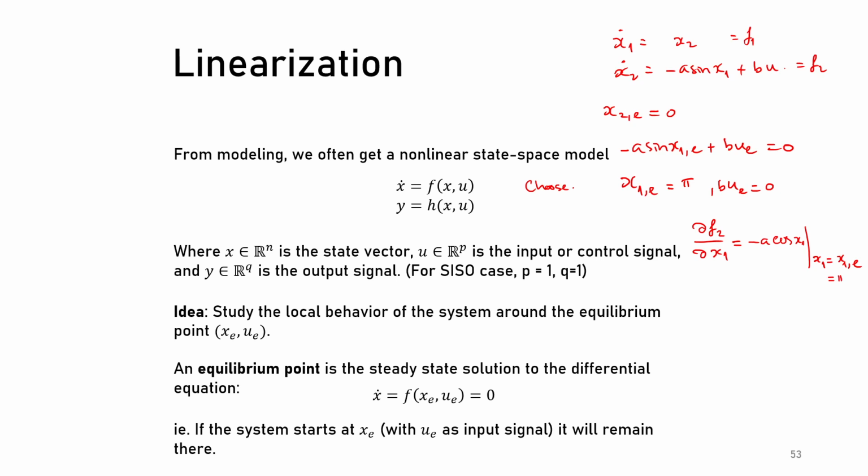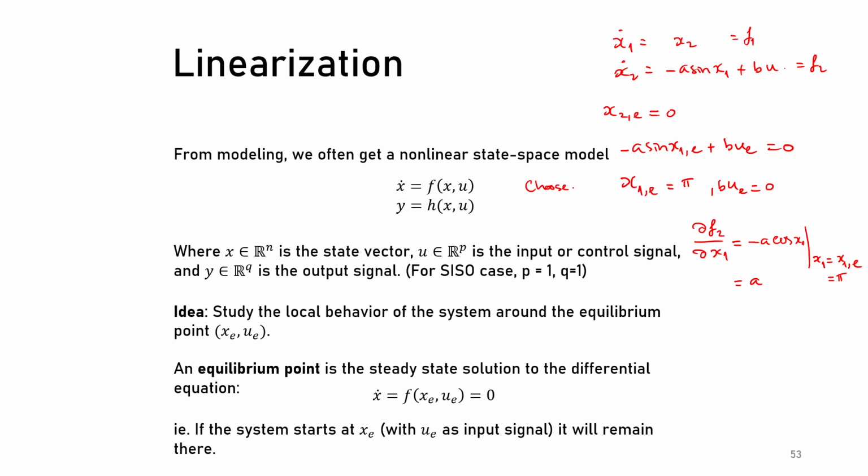So you have cosine of pi, which is minus 1, so you have just a.